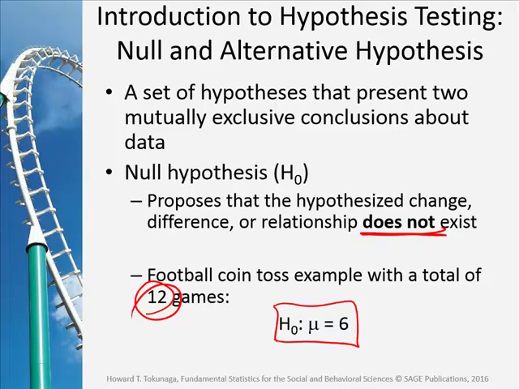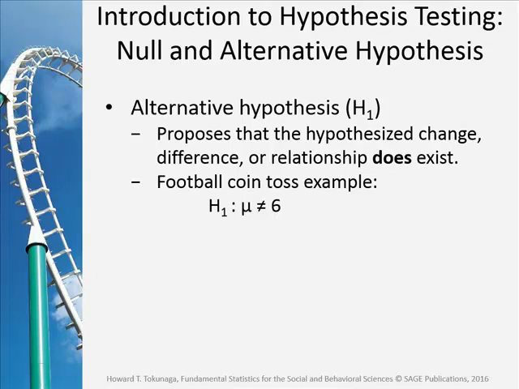Still with me? Again, I don't like this example. The alternative hypothesis, we actually number our alternative hypotheses, because you can have multiple hypotheses. You can have 2 or 3 different alternative hypotheses.